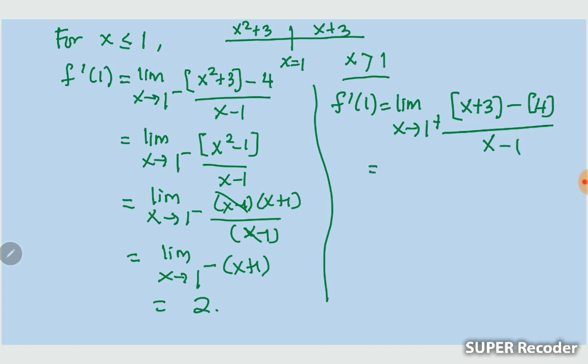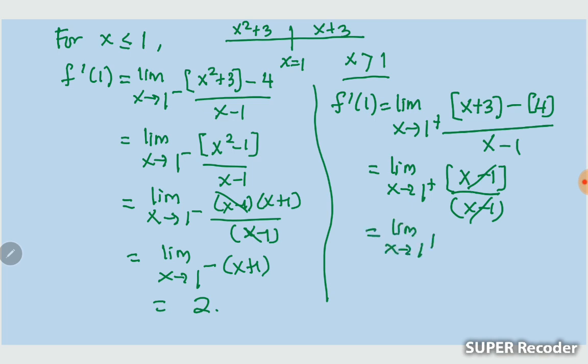So the answer is the limit when x approaches 1 from the right for x minus 1 over x minus 1. So cancel out x minus 1. So the limit when x approaches 1 from the right for 1 is equal to 1.